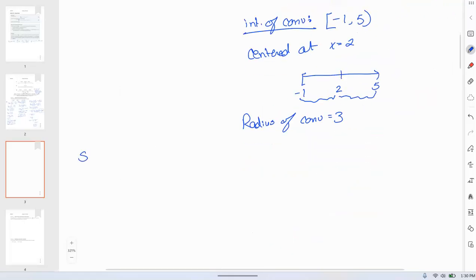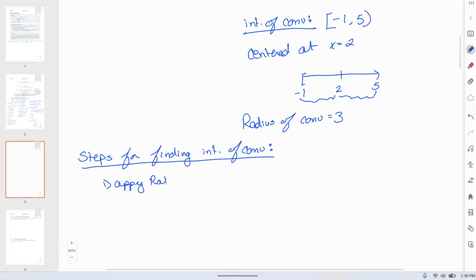So let's write out the steps here. Steps for finding the interval of convergence. We've seen all three cases in these three examples. So you're going to apply the ratio test. Okay, if you get a finite number, then we know that that value to force convergence has got to be less than 1.